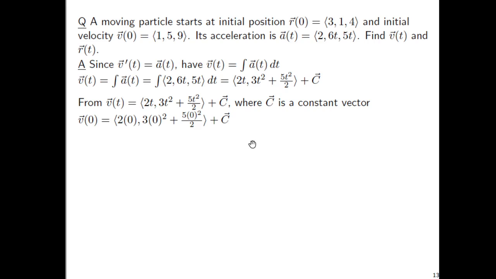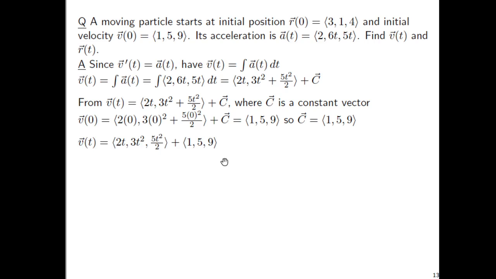If we set t equal to 0, everything in the first part drops out, and we're just left with, oh, that shouldn't be a plus sign. That should be a comma. I think you're fine with that. And then plus the c vector. So we set that equal, and then we'll see that c itself has to be ⟨1, 5, 9⟩, right? Because the first vector is just the zero vector.